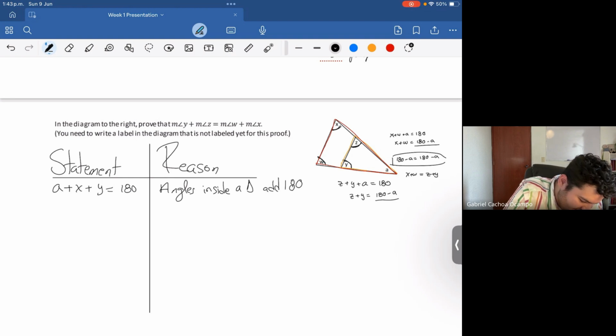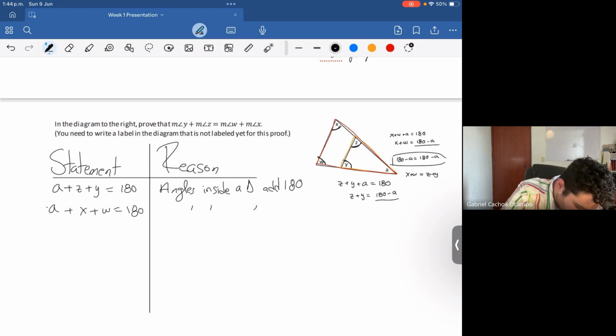Then A plus C plus Y equals 180. Then A plus X plus W equals 180, and it's the exact same reason.